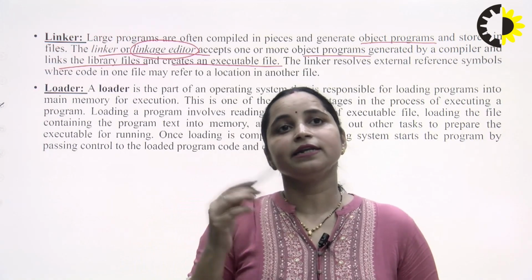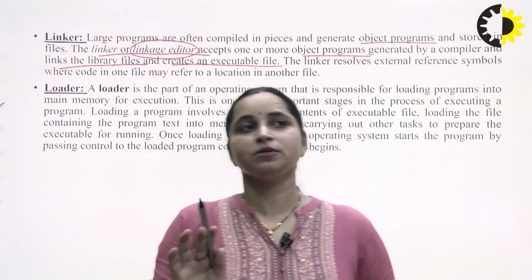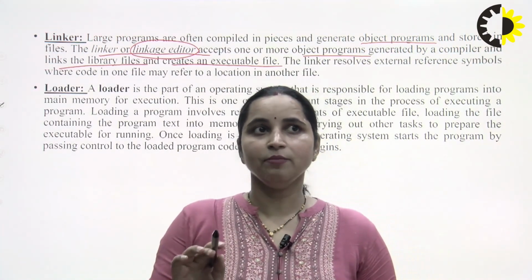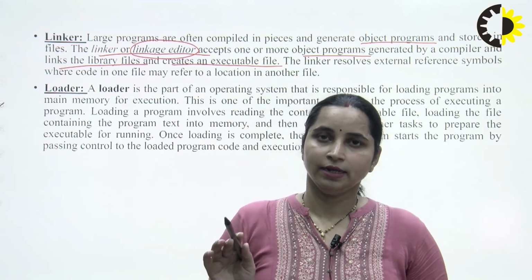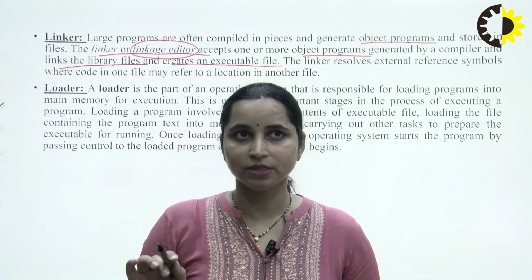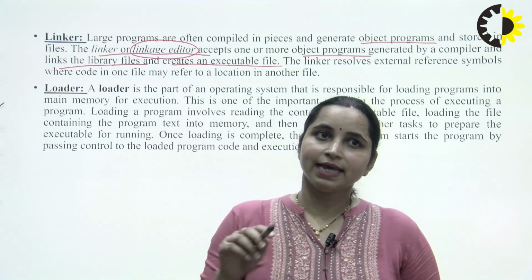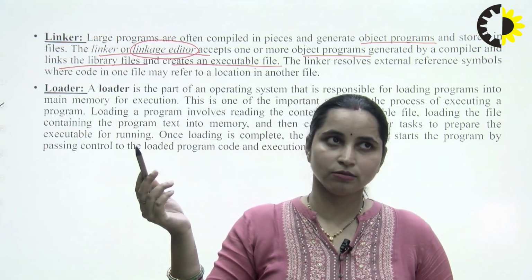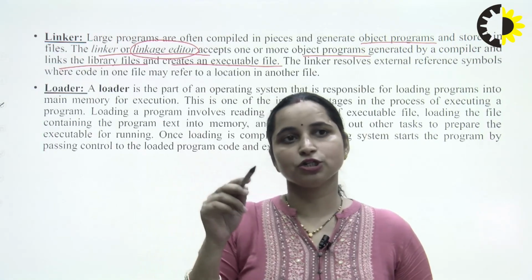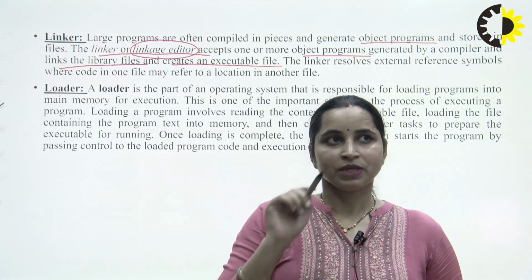The linker resolves the external reference symbols, where code in one file may refer to the location in another file. So simply remember this: the linker resolves external reference symbols, so you can refer to the location of another file in this file. So that is the linker.